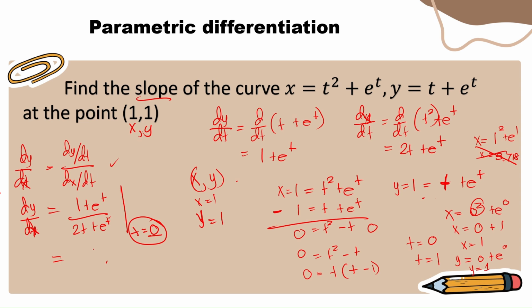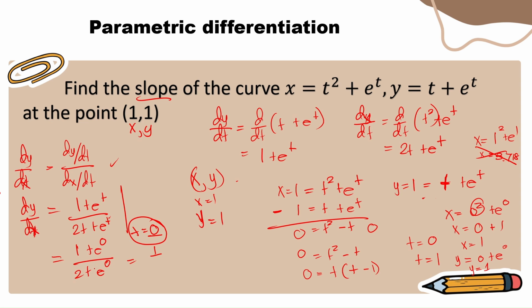So we can now get the slope of our function at (1, 1). So substituting t in our dy over dx, we will have 1 plus e raised to 0 over 2 plus e raised to 0. So that will be 1 over 2. Ba't ganun? Sorry. So what happened? Ah, 2t pala to.